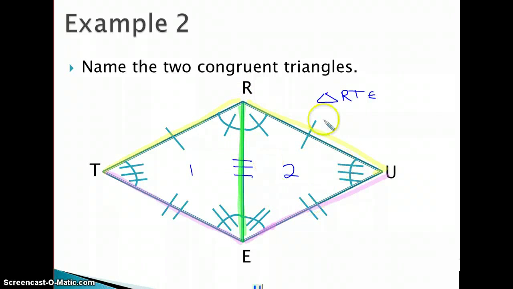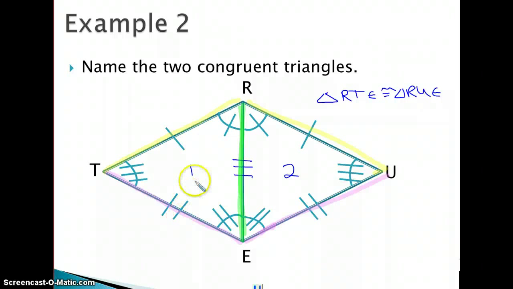The second triangle is this one over here. So following my logical thought from the last one, I'm going to start with R, follow the yellow segment, that brings me to U, and follow the pink segment, that brings me to E. And to double check, if we go from E to R, yep, that is following the green segment, we get back to where we originally started.